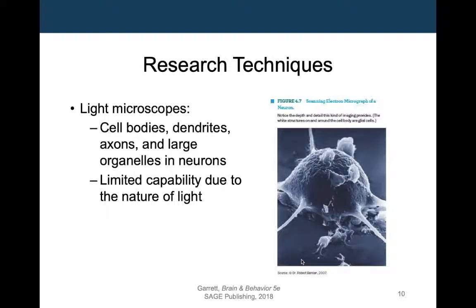So we're looking at structure here, things on a larger scale, like the dendrites as well as the axons. Though ideally, yes, we can look in more depth at some of these larger structures, we have a limitation here. One of those limitations is due to the nature of the light.